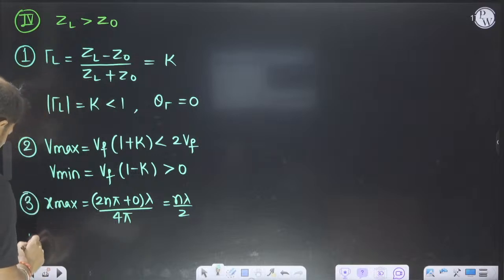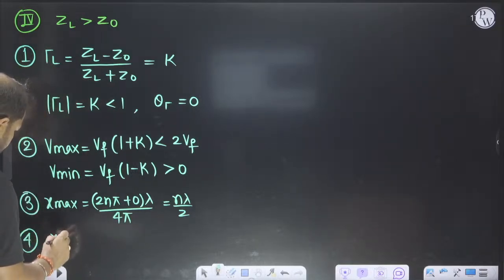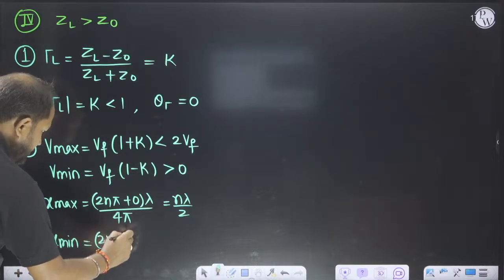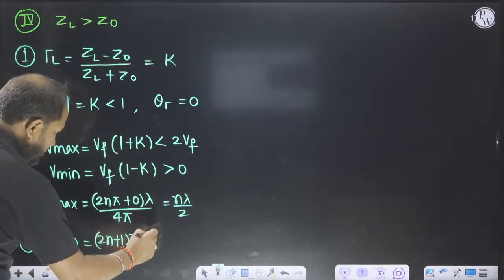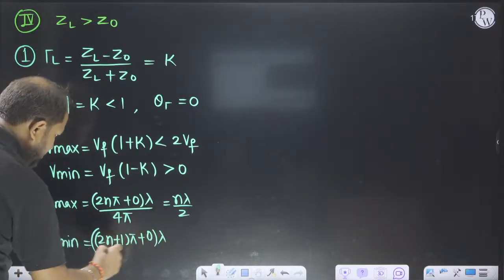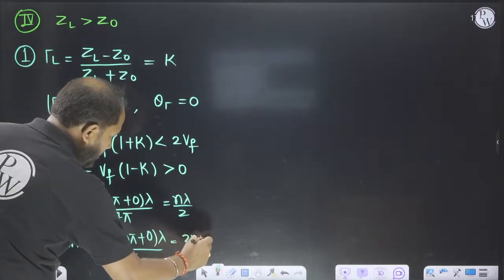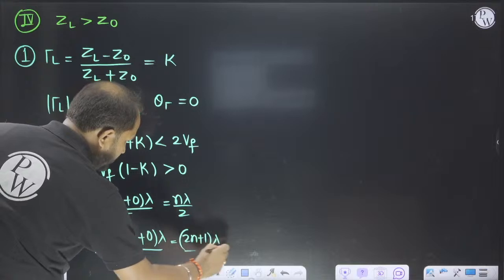And x min will be (2n plus 1) pi, theta gamma 0, lambda divided by 4 pi. It will be an odd multiple of lambda by 4.